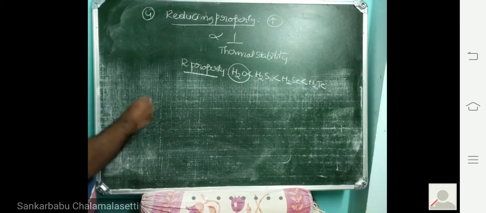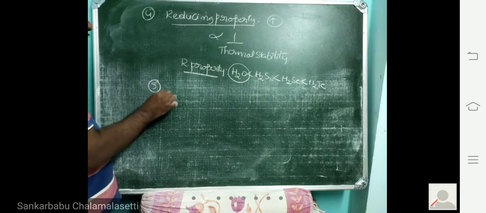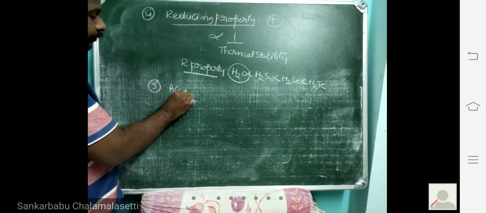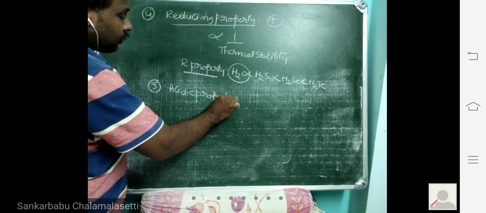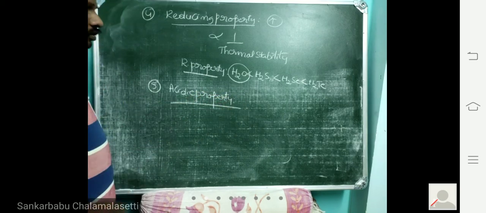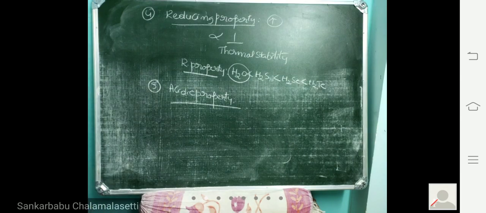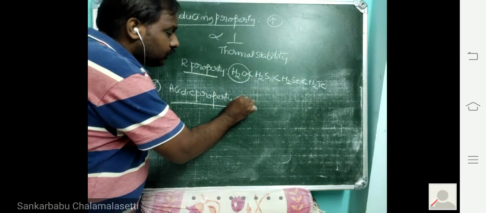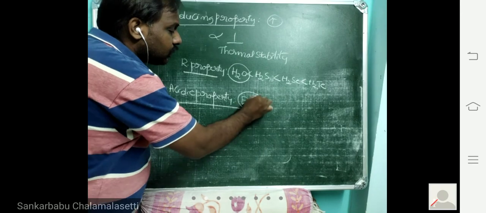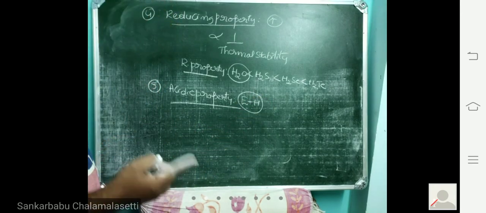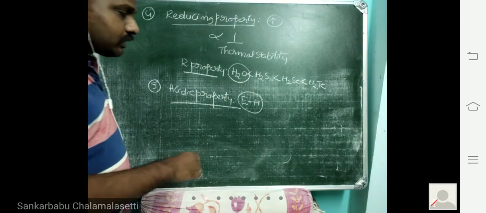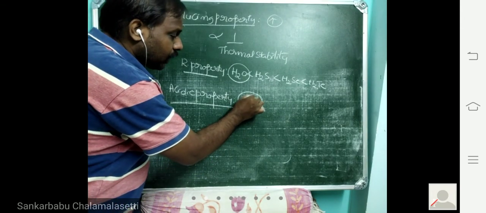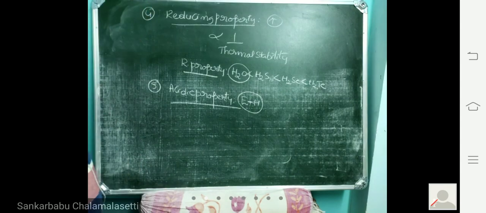The next property is acidic property. From top to bottom, the E-H bond length increases. When bond length increases, automatically bond energy decreases. If bond energy decreases, then we can break this bond easily.